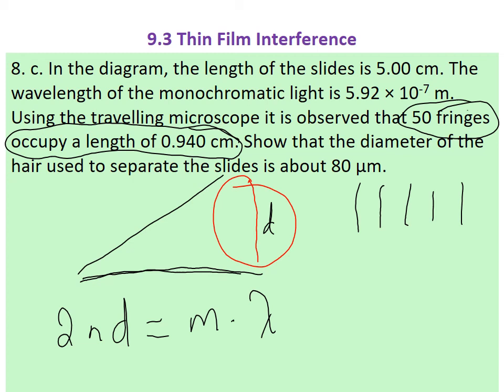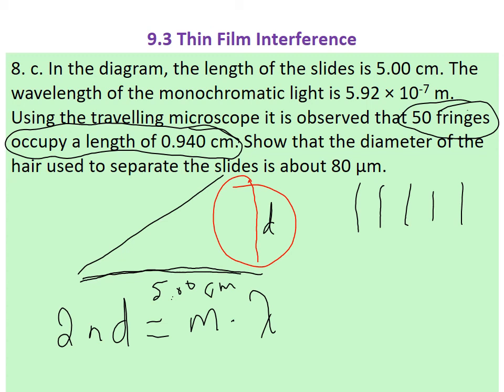So I know that the glass slide is 5 centimeters long, okay? And I know that there are 50 fringes that occupy 0.940 centimeters.